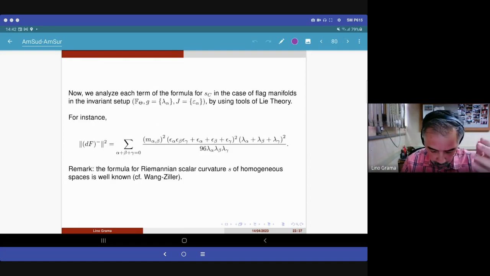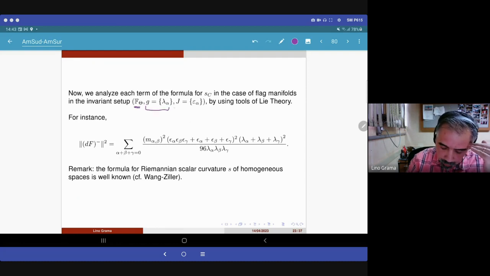For instance, we analyze each term of this formula in the case of flag manifolds, and then we use tools from Lie theory. We take a flag manifold, an invariant metric, and an almost complex structure.